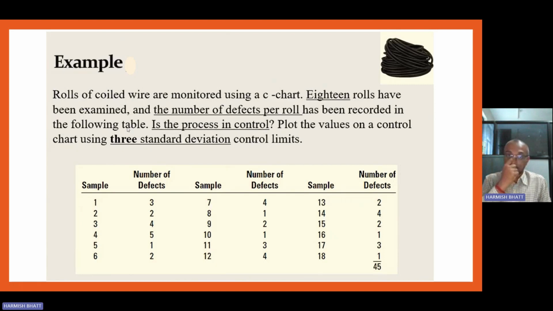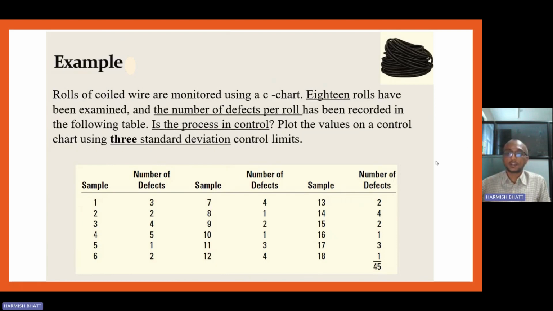So in each sample, in each roll, the number of defects has been found. Is the process in control? It is to be decided by using the C chart. Plot the values on a control chart using 3 standard deviation control limits. It means that Z is equal to 3. So the value of Z has been given to you as 3.